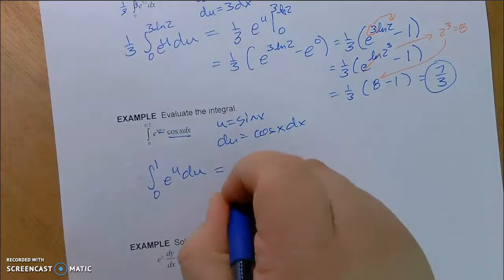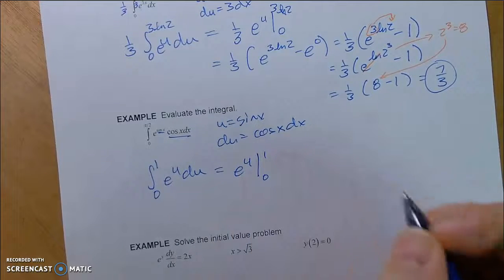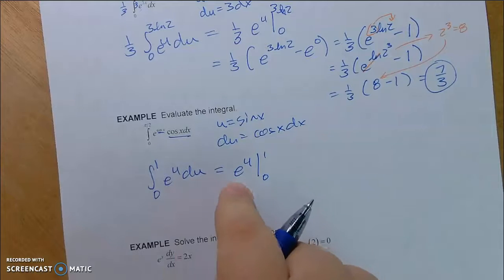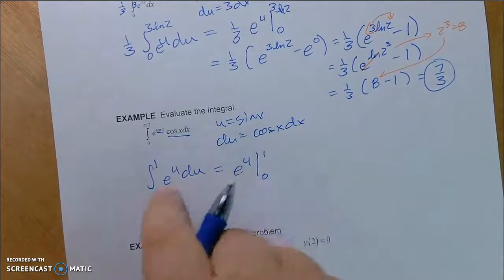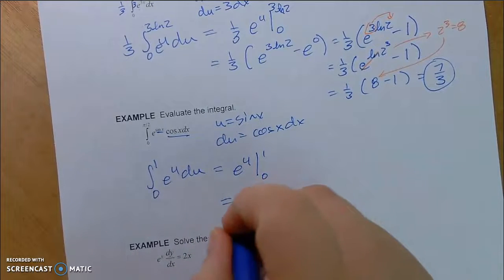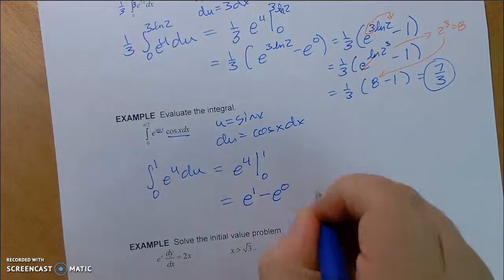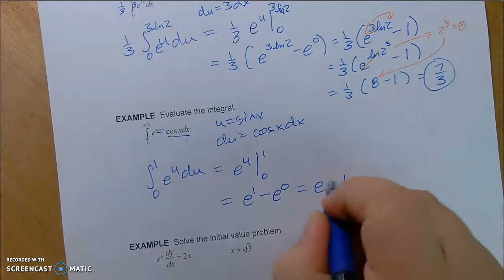We integrate and we get e to the u, evaluated from 0 to 1. Make sure that you show that integral step, because you must actually integrate. Even though it's the exact same thing, you still have to integrate. Then we substitute, and we get e to the first minus e to the 0, which simplifies to e minus 1.